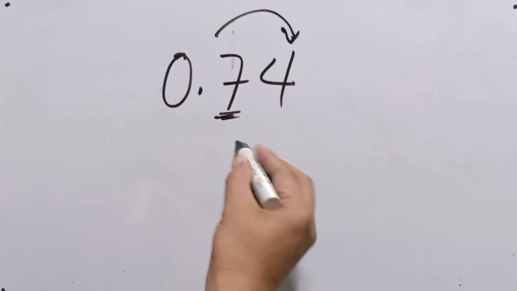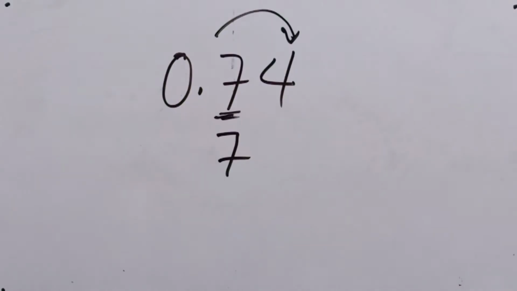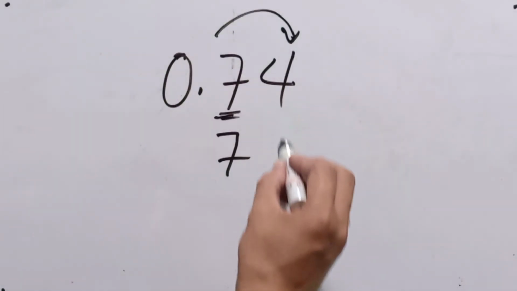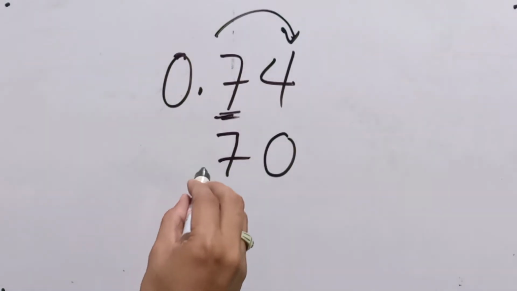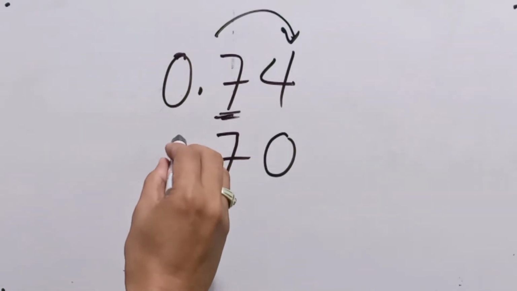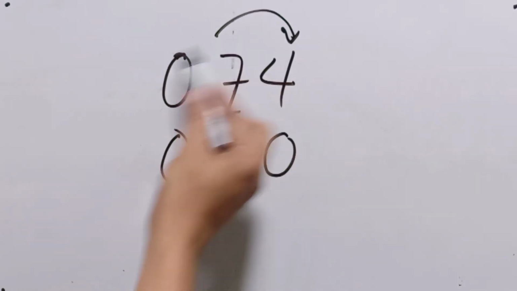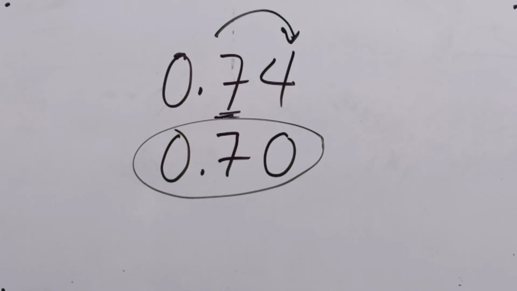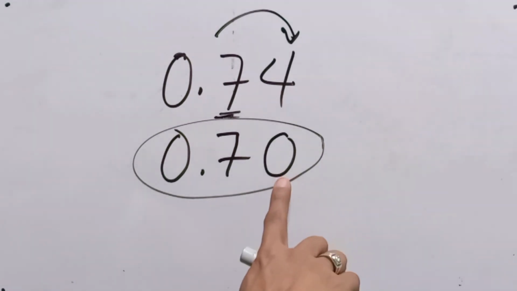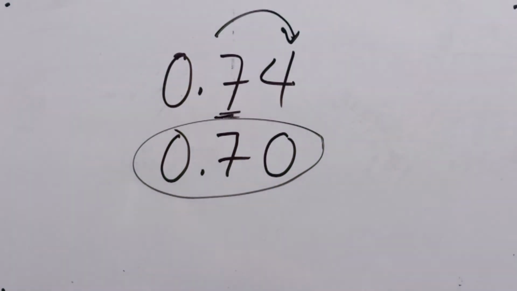So we remain the 7, then the right digit becomes 0, right? So 4 becomes 0, and we remain the decimal point and the 0 here. So if we round off this to the nearest tenths, so we will have 0.70.